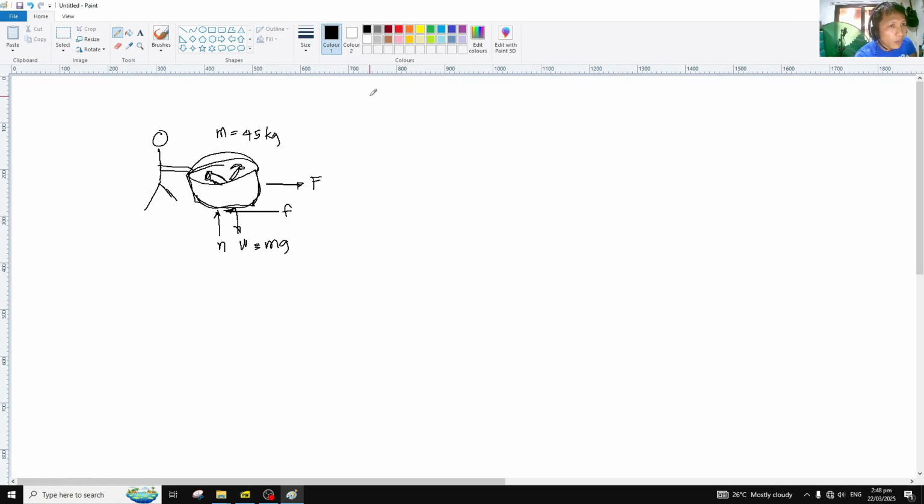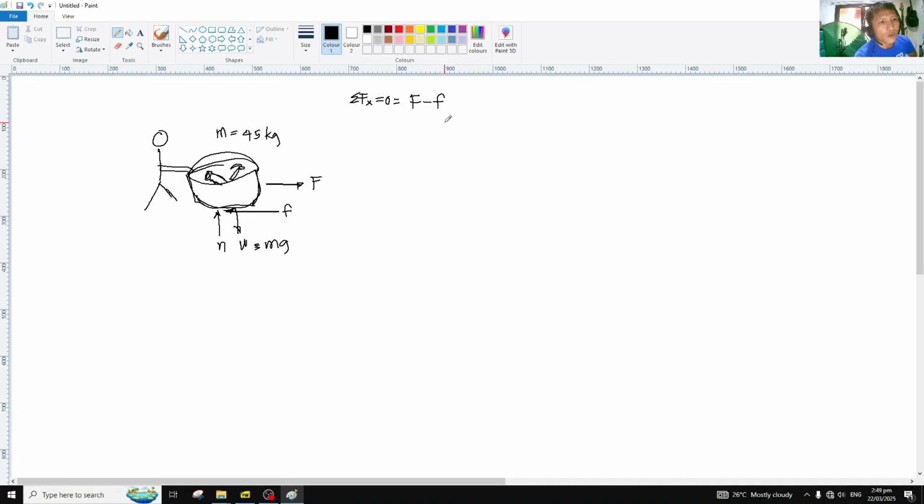So anyway, we'll set up our equation. Of course, this is first law, so you have a summation on x, first law equilibrium: the summation of forces on x is equal to 0, at rest, before it moves. Positive going to the right is your F, and negative is the friction.